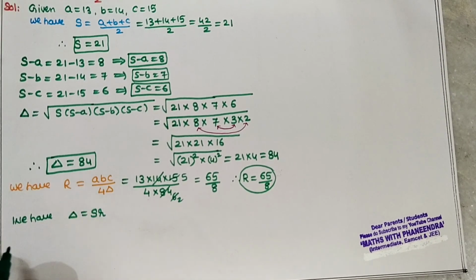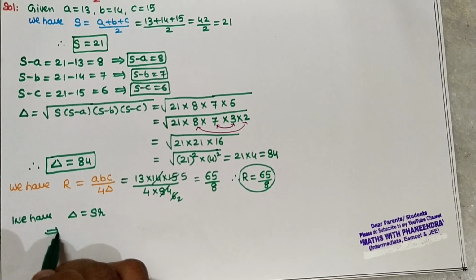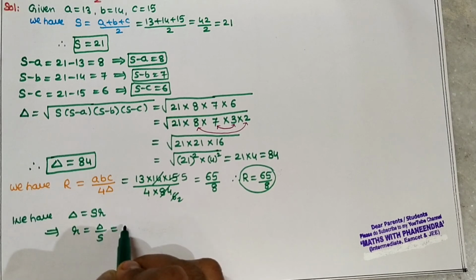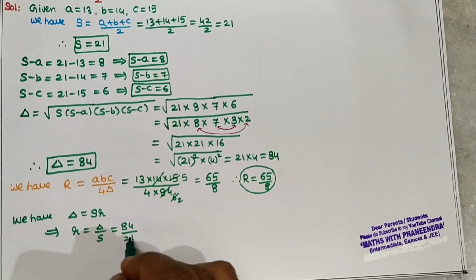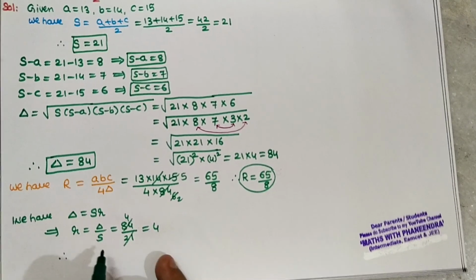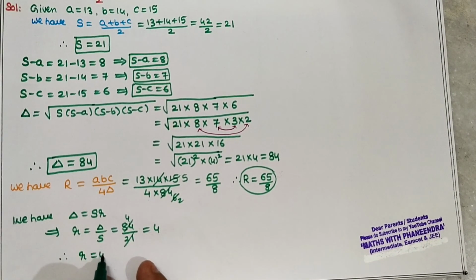From this, making r the subject, r is equal to delta by s. Delta is 84 divided by s value 21. 21 ones are 21, 4s are. So small r is equal to 4.